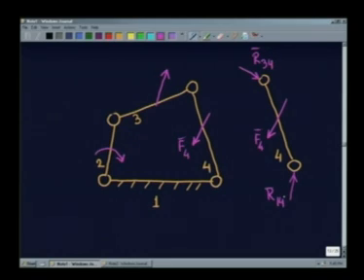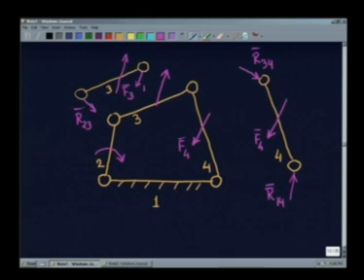Then the combined action of these reaction forces and the externally applied force is to keep this system under static equilibrium. Similarly, this particular link, which we call the coupler, under the influence of this force, which we call F3, and the reaction forces like this, it will remain under static equilibrium.